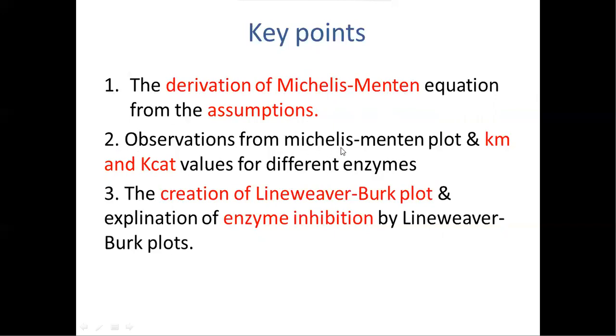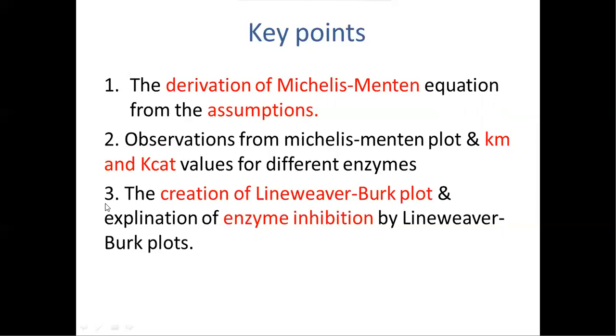By these plots, we can easily calculate the substrate concentrations, Vmax values and Km values. And we have to learn the Km and Kcat values of different enzymes. The Kcat value is also called the turnover number. Different turnover numbers and different Km values are present for the different enzymes that we have already learned.